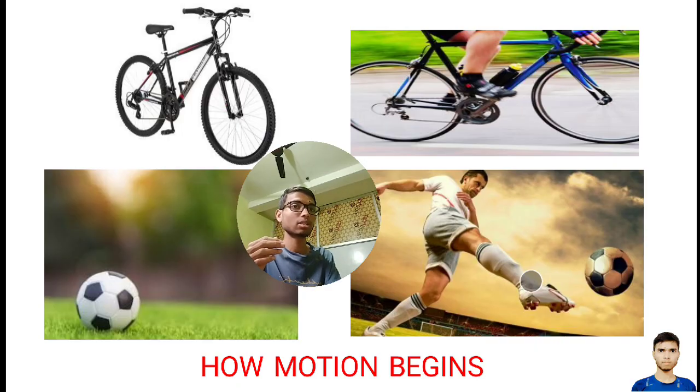This person is applying force on the object. So here the ball came into motion, but here the ball is at rest. So how does motion begin? Motion begins when force is applied.